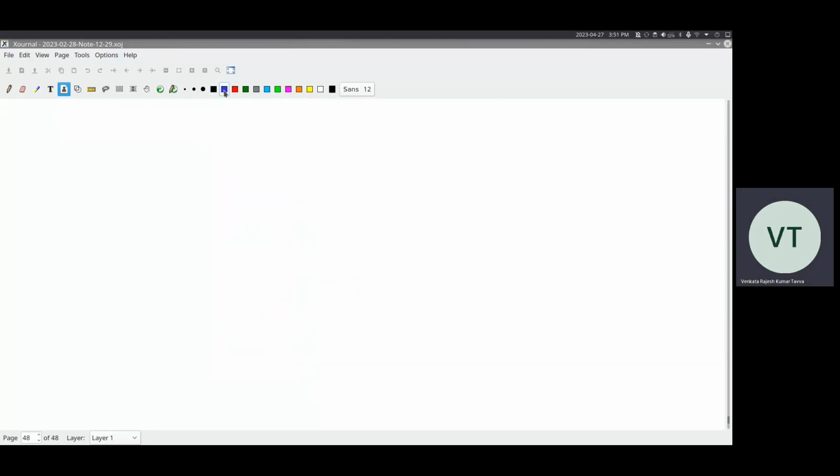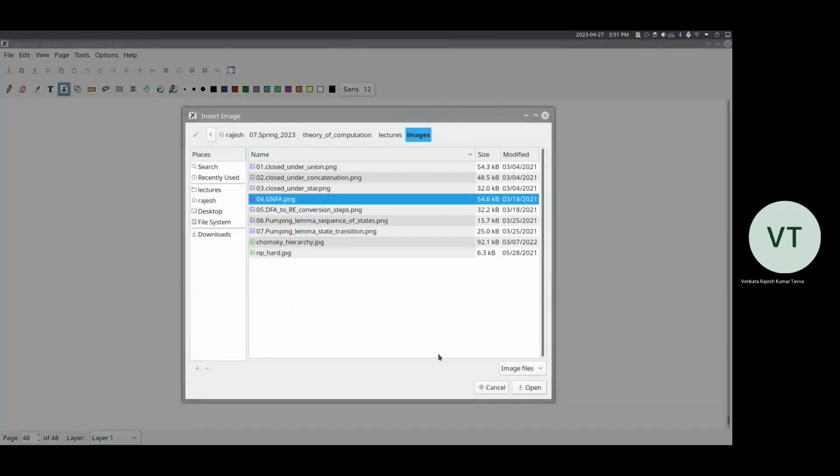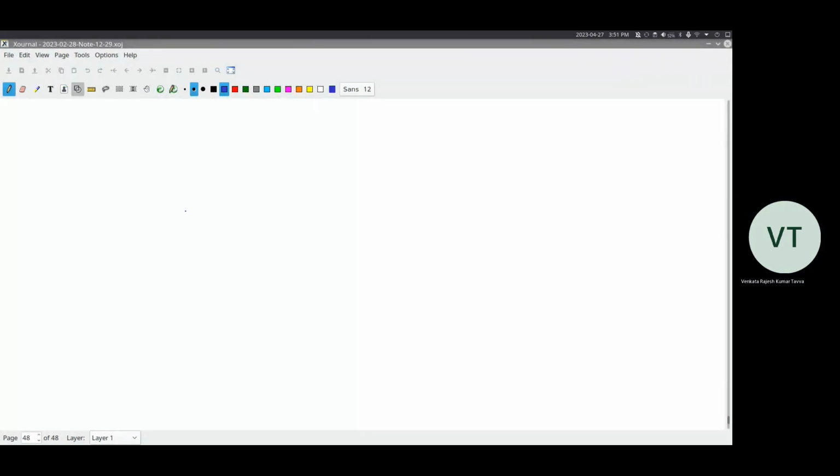So let me list down the important conditions for something to be called a GNFA.